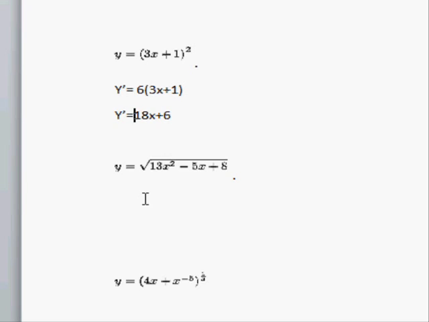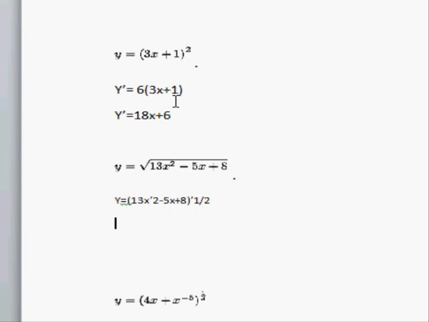Now this one is a little bit more complicated, but as you may know, it is the same as having y equals 13x squared minus 5x plus 8, all raised to the 1/2 power. So we follow the rule.